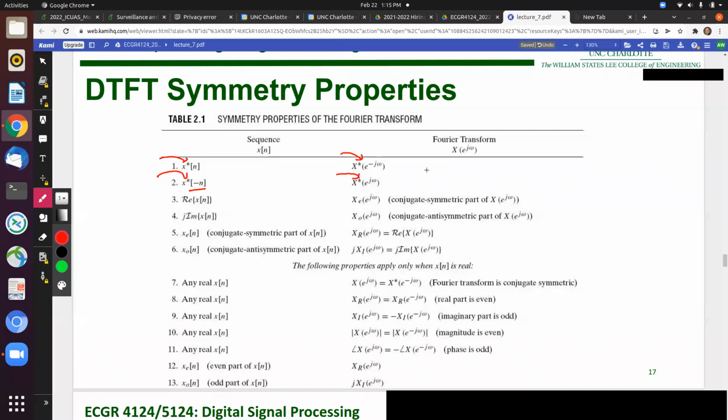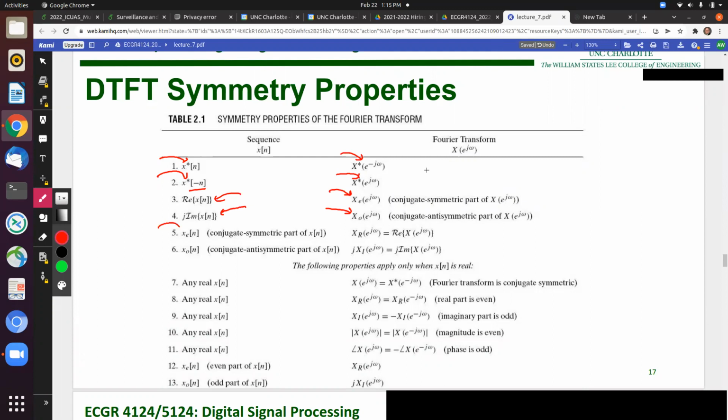Let's see, if you have a real valued x, it leads to a conjugate symmetric DTFT. If you have a purely imaginary x, then that means that the DTFT is conjugate antisymmetric.